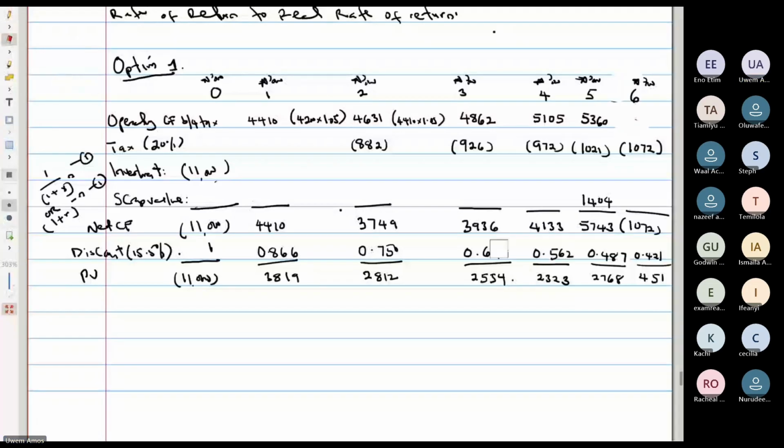Okay, so what's our NPV? Just add everything. Sorry, the last one is a negative sign. So this is minus, minus, minus. It doesn't suddenly become plus here.